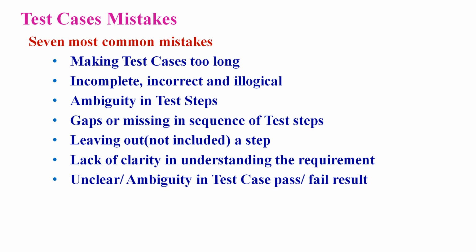If both are same, then the test case execution status is pass. If both are mismatching, then the test case execution status is said to be fail. So these are all the 7 common mistakes that the software test engineers will do. Even being a fresher, you have to keep in mind all these mistakes and avoid them while designing the test cases.